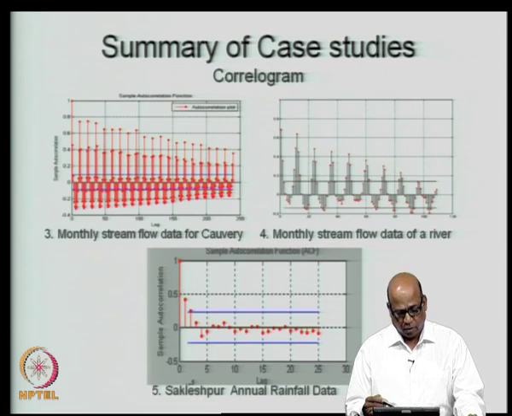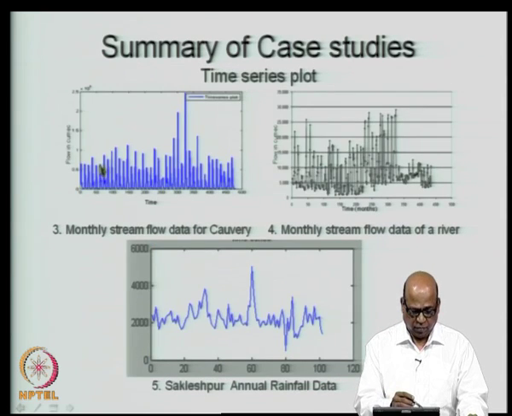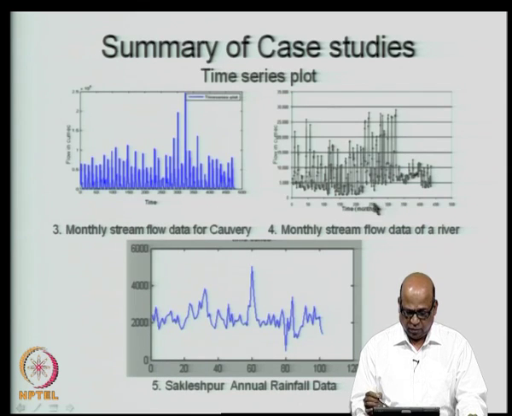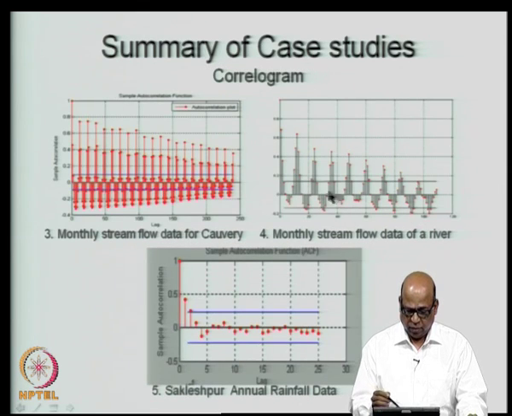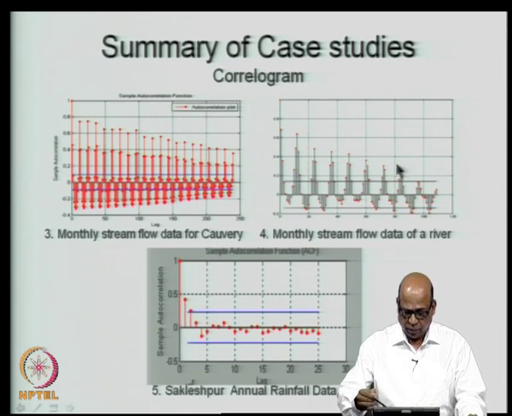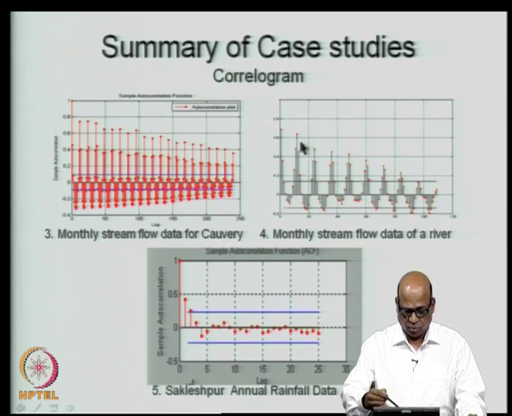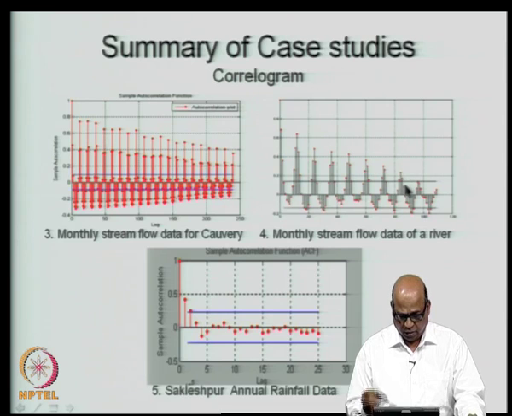Let us look at the correlograms also. The monthly time series of the Kaveri river yields a periodic or sinusoidal type of correlogram, and the monthly stream flow data of the US river also shows periodicities, but many of the negative correlations are all insignificant, and both of them show a slow decay.